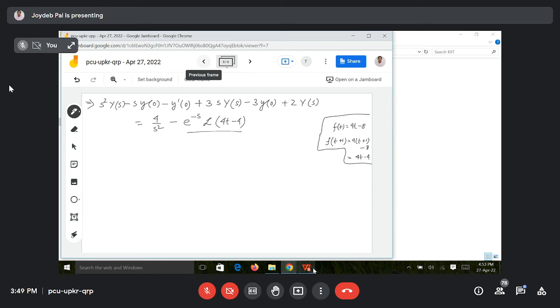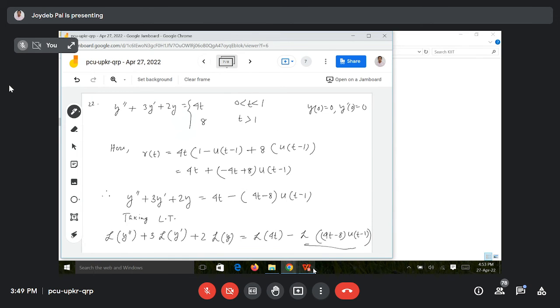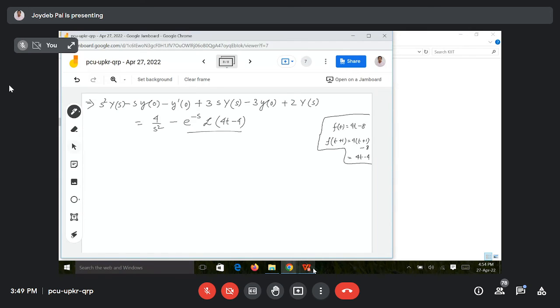Okay. Now you put the values y(0) and y'(0). Both are 0, so it is the simplest case. You put it, only s squared Y(s) term is there, plus 3s Y(s) and 2Y(s), this much, equals 4 by s squared minus e to the power minus s into the Laplace transform of this.